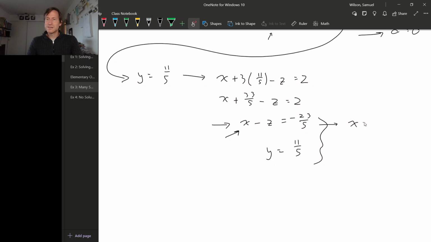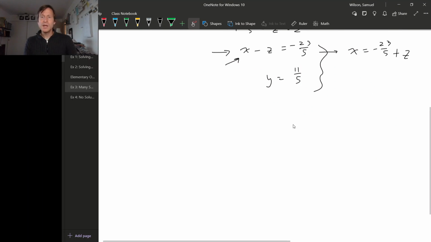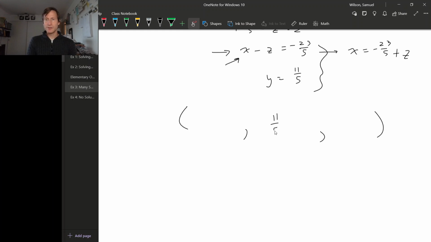So we get x equals minus 23 over 5 plus z. Okay. So now when we write down our solutions, we need to say what is x, what is y, what is z. Well, y has to be 11 over 5. X has to be minus 23 over 5 plus z.